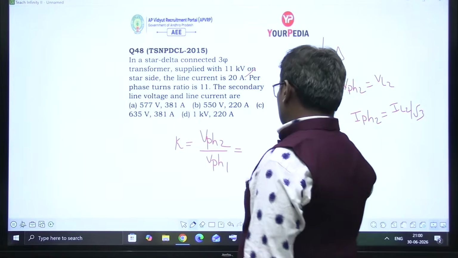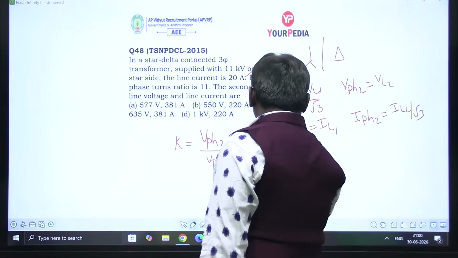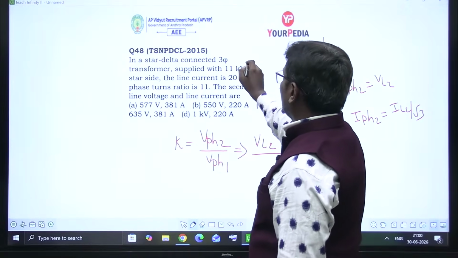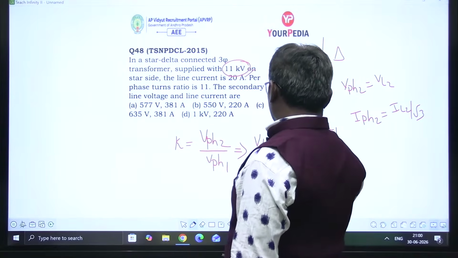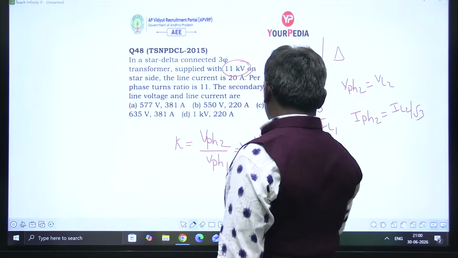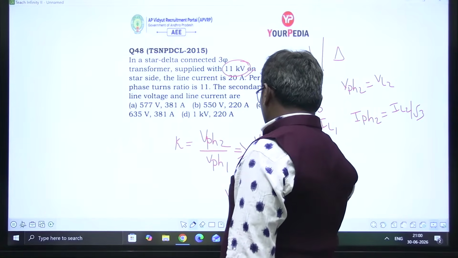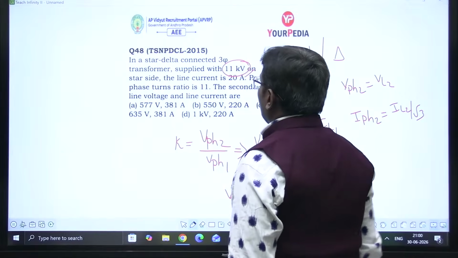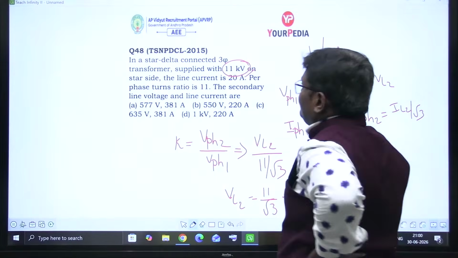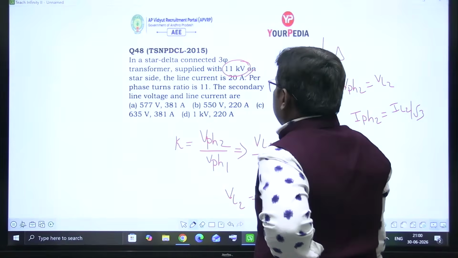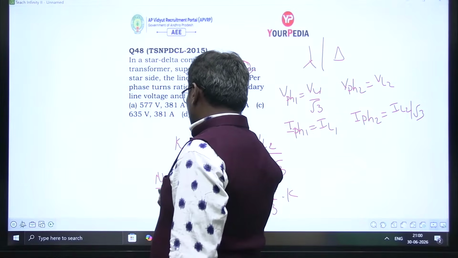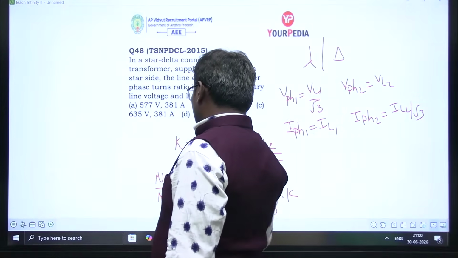VL2 by V phase 1. What is V phase 1? It is 11 kV divided by root 3, yes, 11 by root 3. So VL2 is equal to 11 by root 3 into K. Now what is K? Turns ratio is 11, N1 by N2 is 11. But what is N2 by N1?